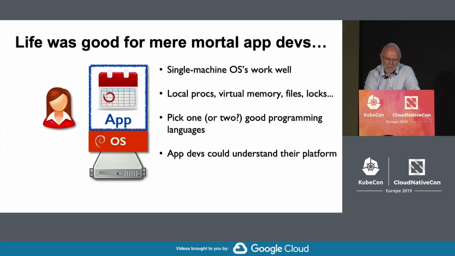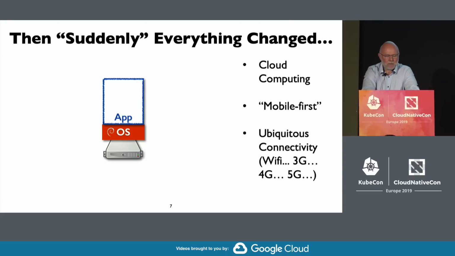The problem is that relatively suddenly, everything changed. Cloud computing happened. Everybody moved to smartphones, mobile-first strategies, etc. Ubiquitous connectivity happened with high-speed, high-bandwidth networks, and suddenly everything changed. So the types of applications changed.